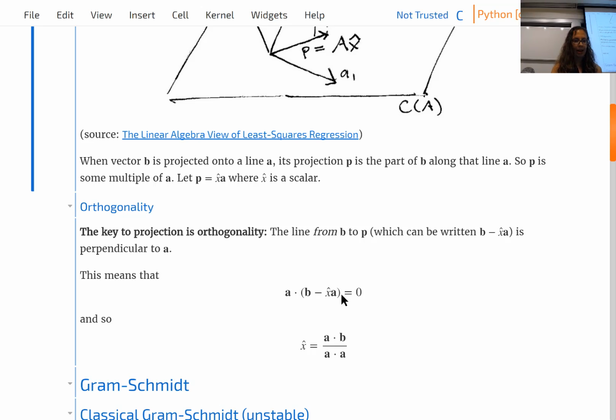In this case, XA is the projection of B onto a line A, and X hat is the scalar that you're multiplying by. And those are dotted with each other because that's what's true of perpendicular, which is just another name for orthogonal.